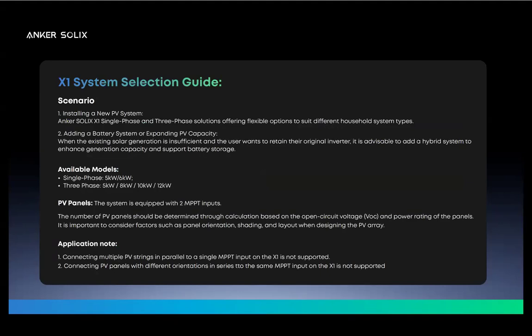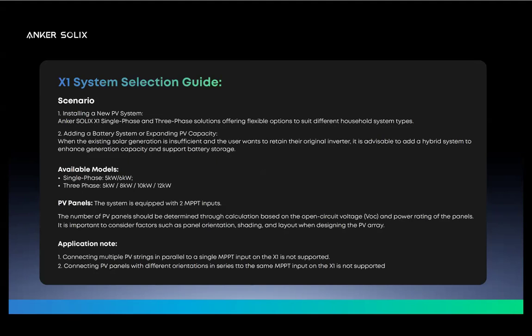We have single phase 5 kilowatt and 6 kilowatt, and also three phase 5, 8, 10, and 12 kilowatt, so you can select which model you need. Also, you need to pay attention: we have two MPPT inputs.